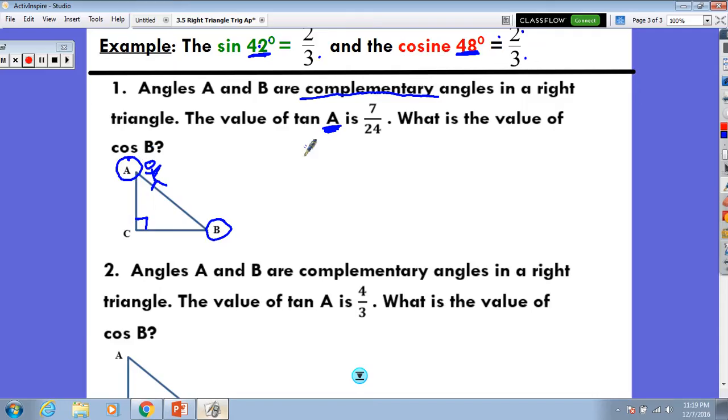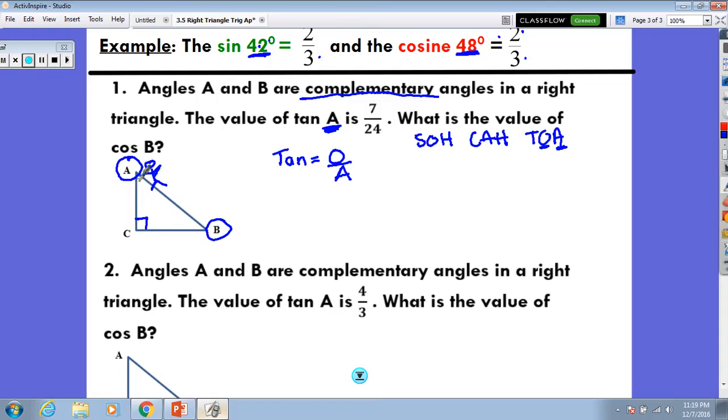Now we know that tangent equals opposite over adjacent because we use SOH CAH TOA in order to remember this. And remember that tangent is opposite over adjacent. And that's how we set up our ratios.